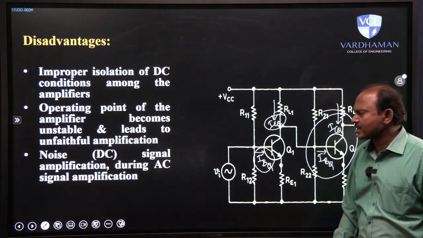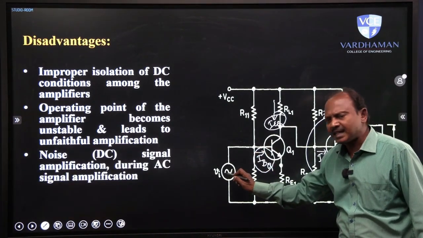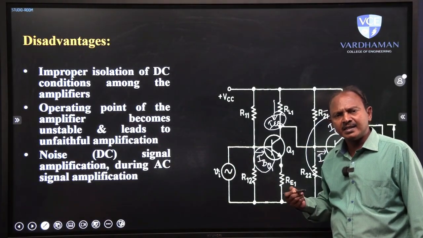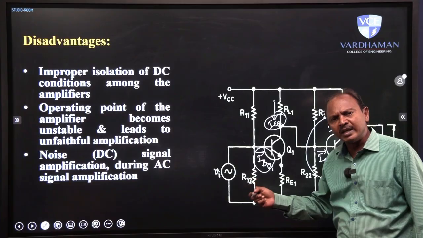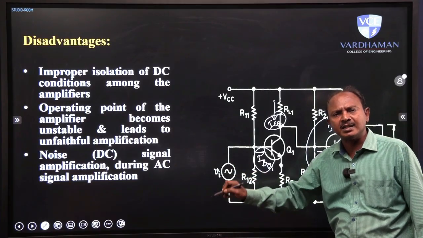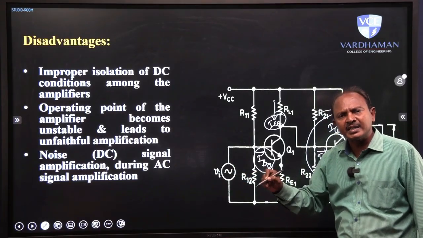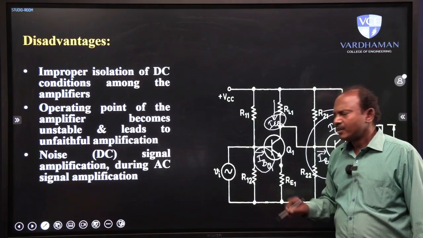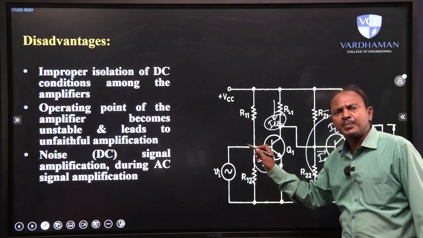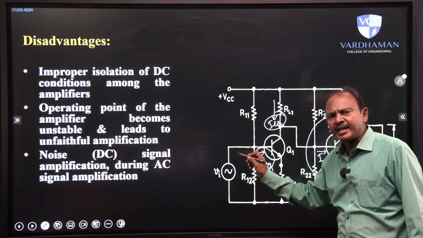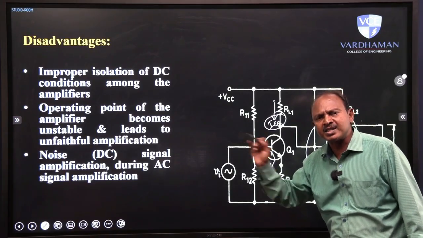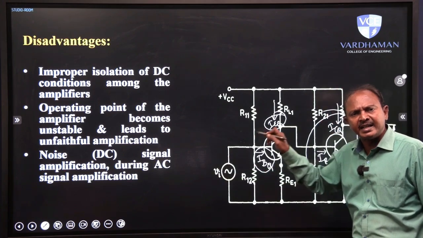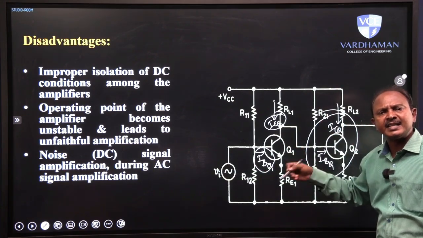The next one is, of course, when the input signal is arriving from natural sources, the input signal need not be 100% AC. It may have a certain amount of unwanted DC component or noise content also. When no precaution is taken at the input side to block that noise content, it may directly enter the amplifier and get amplified.